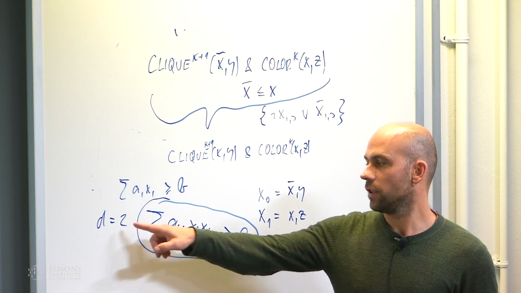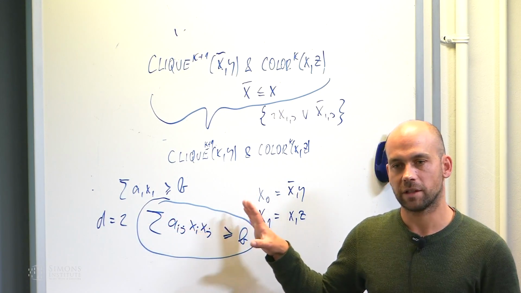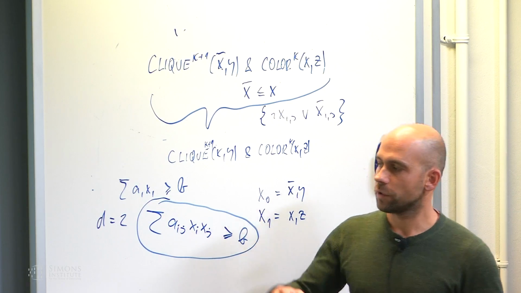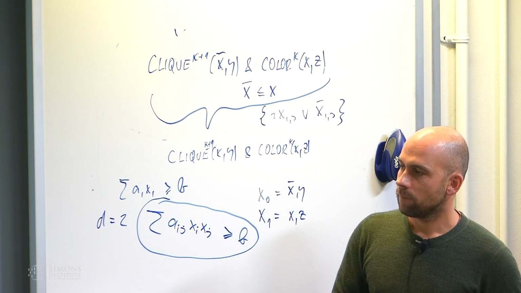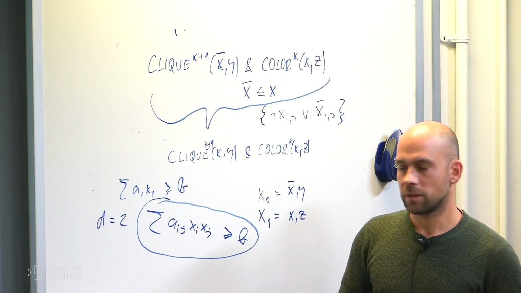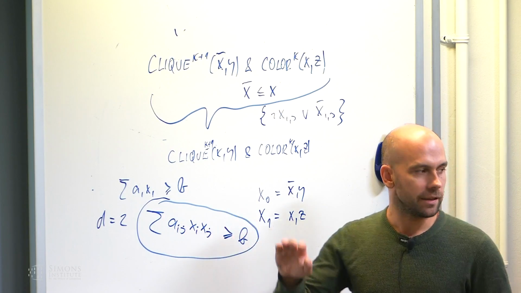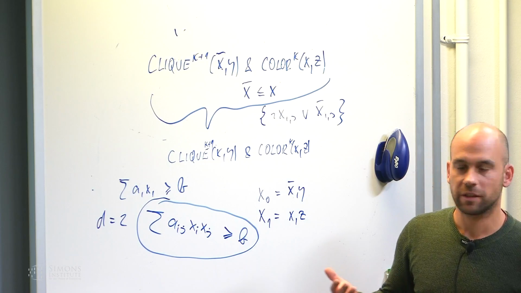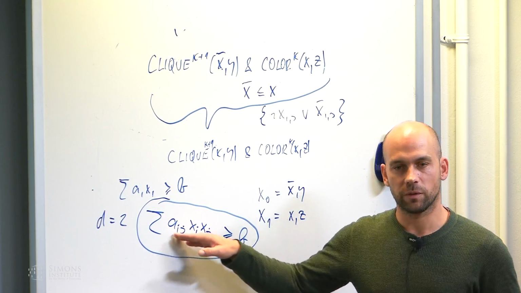So in the degree 2 cutting plane system, you would use multi-party communication. That's just to agree on this clause. And then there is this randomization, which is again just to handle the values of the coefficients.